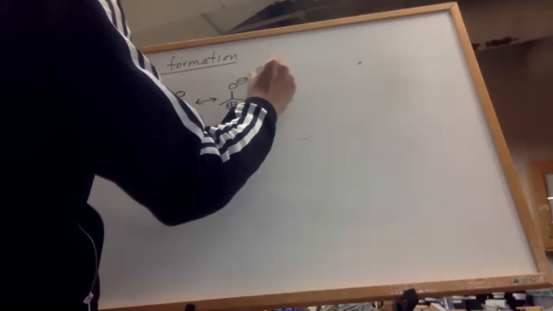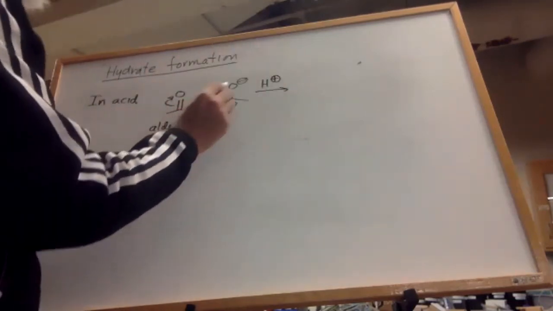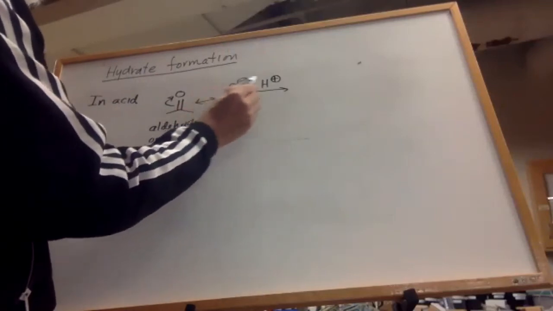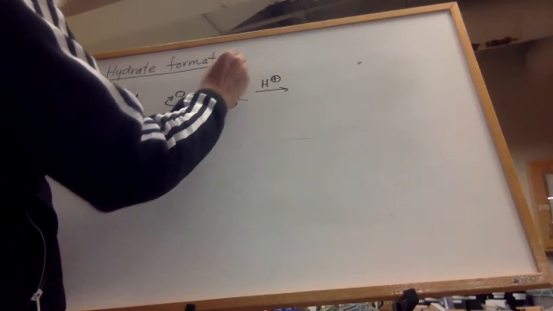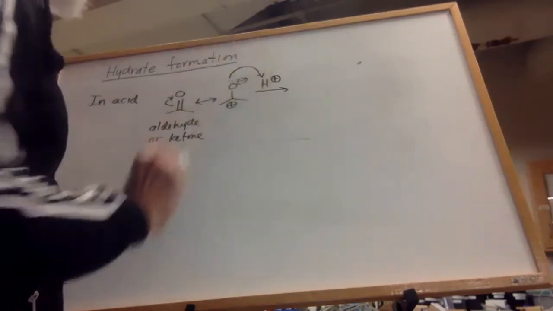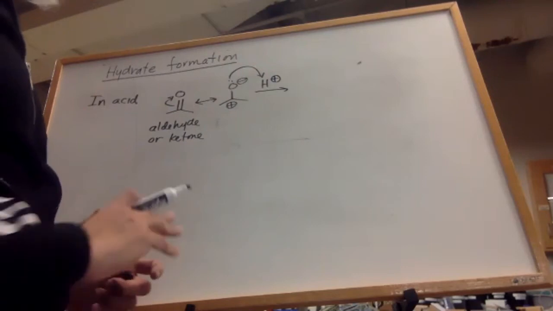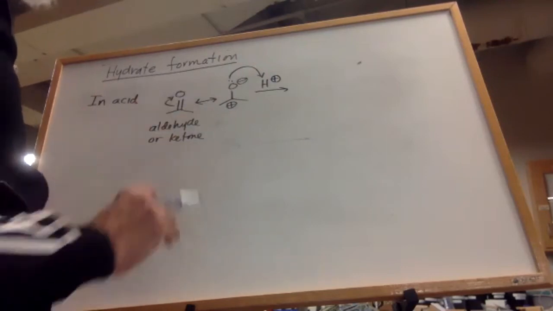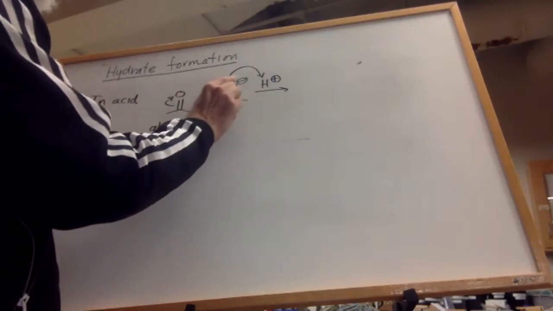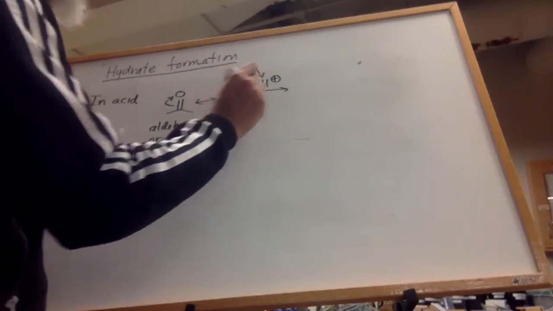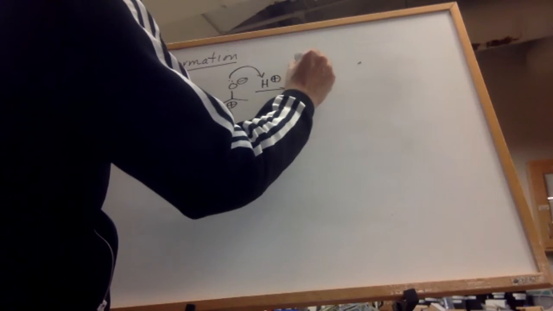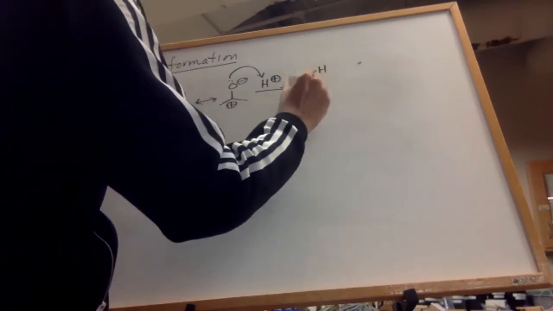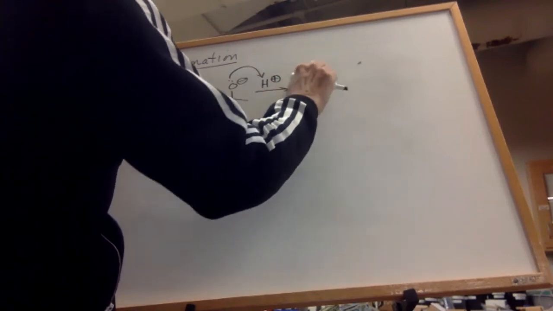That's what this H+ over the arrow means. And so here we see positive and negative. Positive loves negative. So the first step of this mechanism is going to be protonation of the carbonyl oxygen. The electrons around this negatively charged oxygen pick up a proton from the solution, and we get this intermediate.